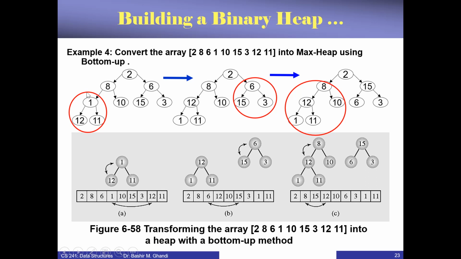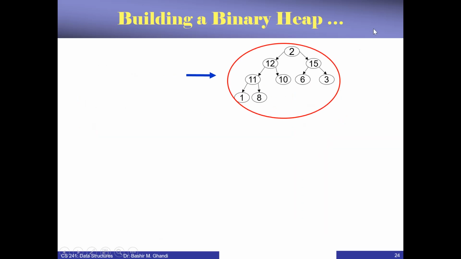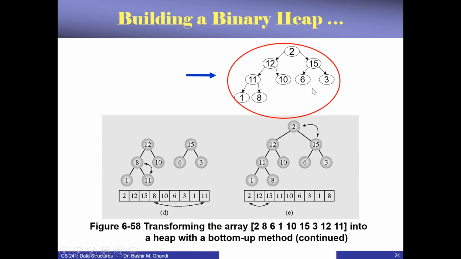So start from index 3, make sure this is a heap, then go to index 2, make sure it is a heap, then go to index 1, make sure it is a heap, and then go to index 0, make sure it is a heap, and that is it. Okay, exactly as we saw there.